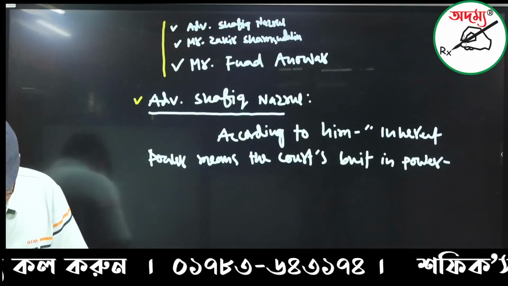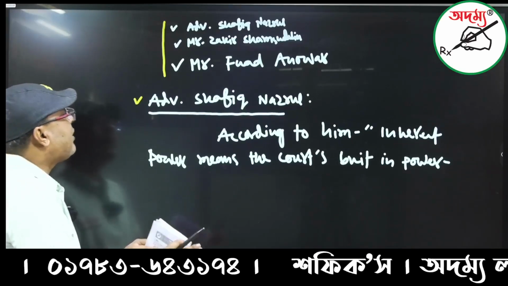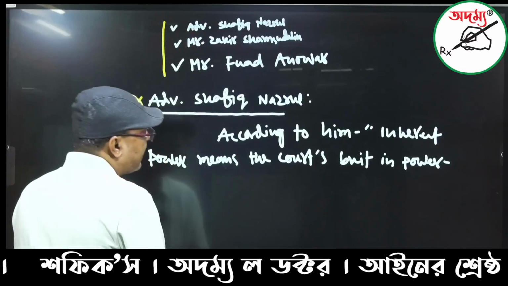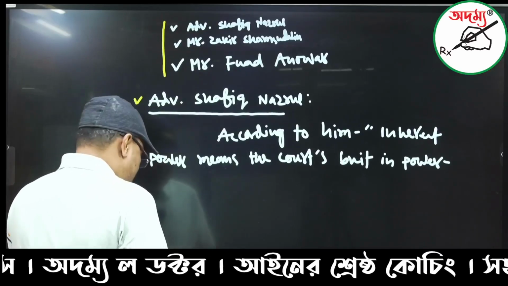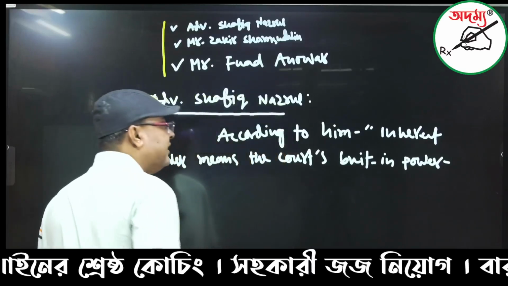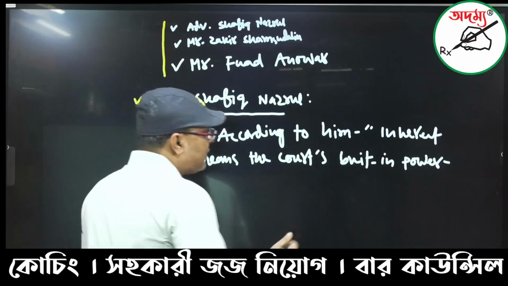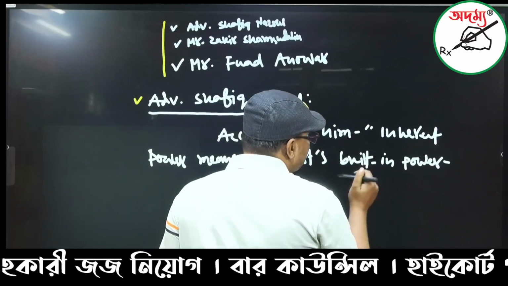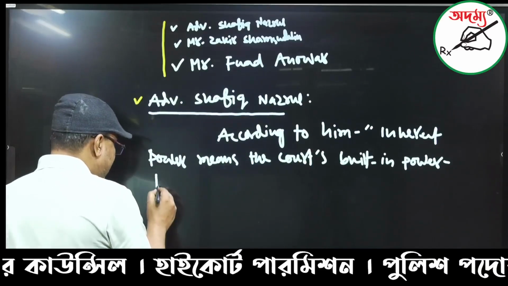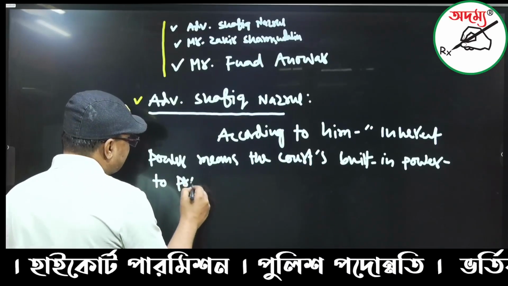Okay, no problem. According to Mr. Shafiq Nazrul, inherent power means the code's built-in power. So what exactly is the built-in power? A hyphen will be used: built-in power, B-U-I-L-T. Built-in power to protect. What exactly to protect?